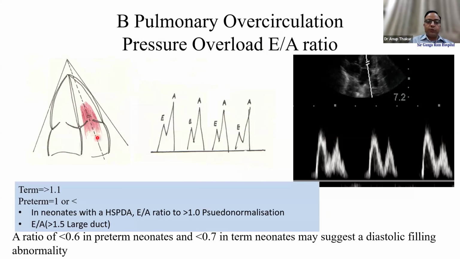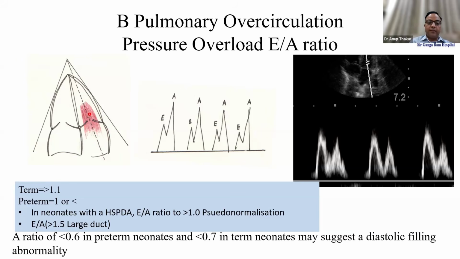One is the E/A ratio. This is very easy to take out. Basically, from the LA to the LV, blood is flowing when the valves are open. So when there is LV diastole, the mitral valve opens and blood flows from the LA to the LV. Now it has two phases.